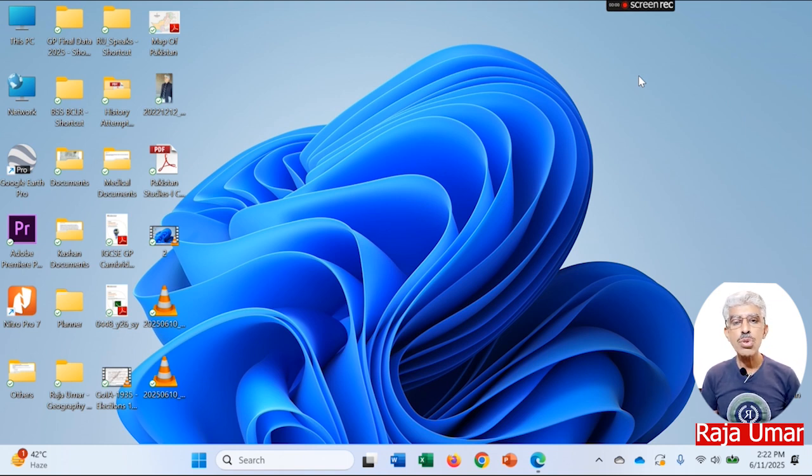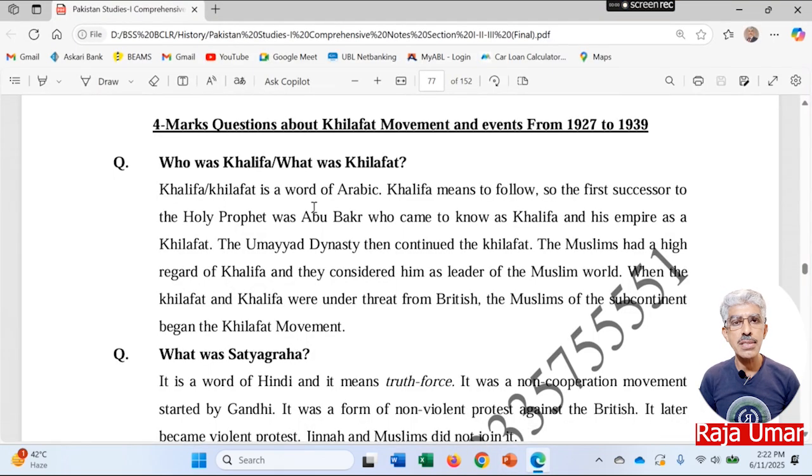Here I have those 4 marks questions with me, about the Khilafat movement and events from 1919 to 1939. So it means the 20 years phase of the Pakistan movement, and this is section 2 of the history and culture of Pakistan, component 1 of Pakistan Studies.